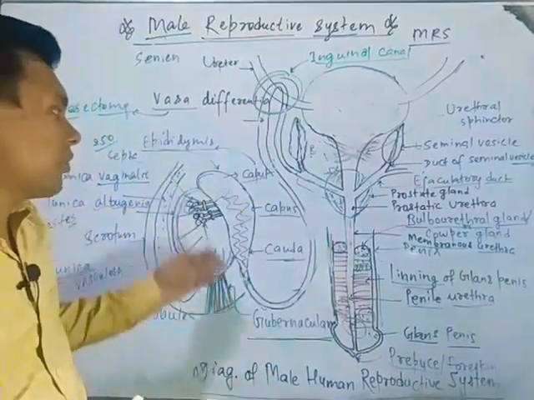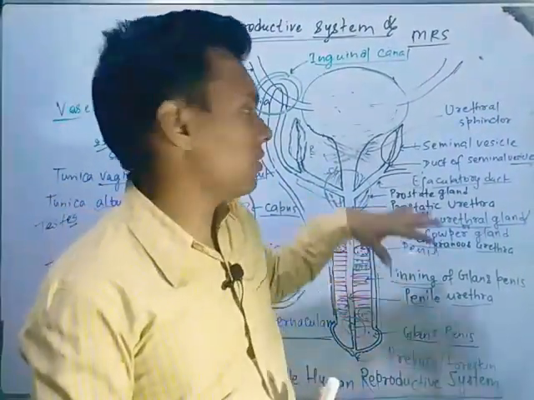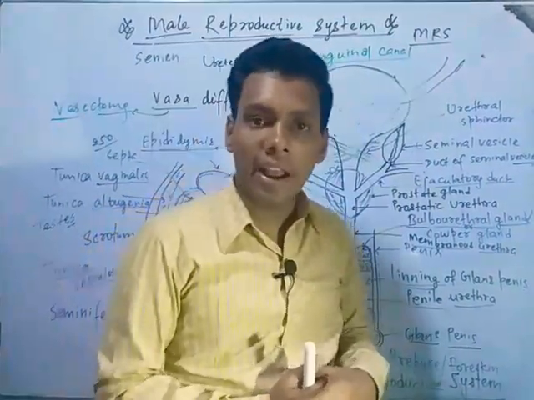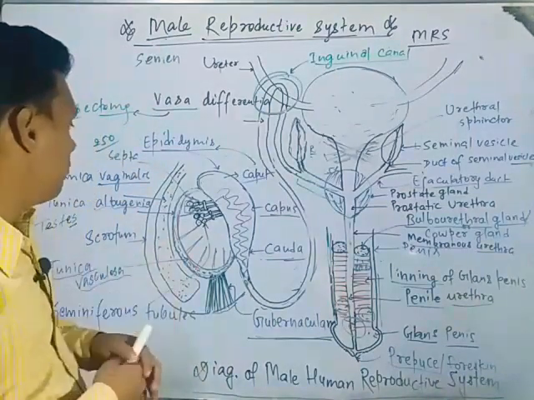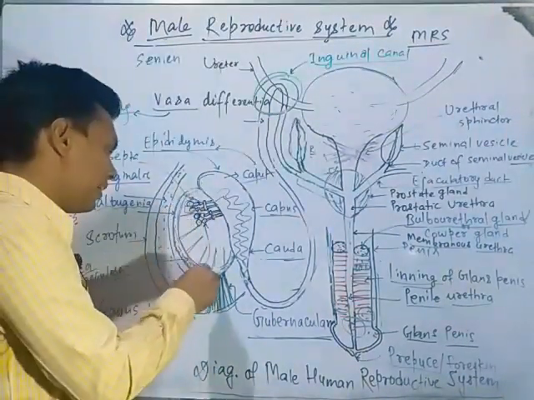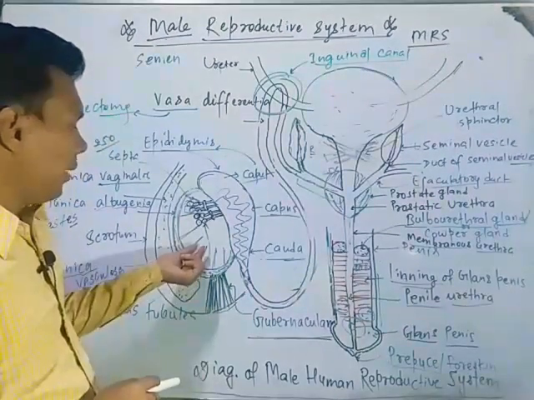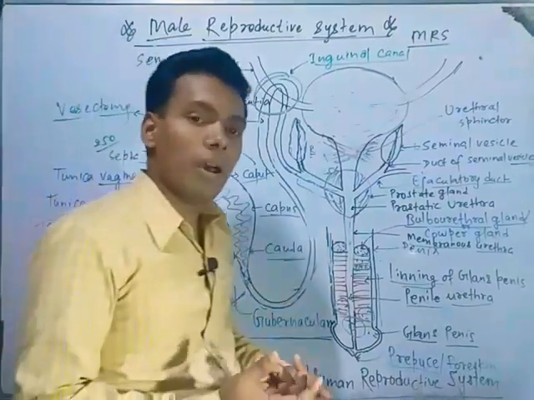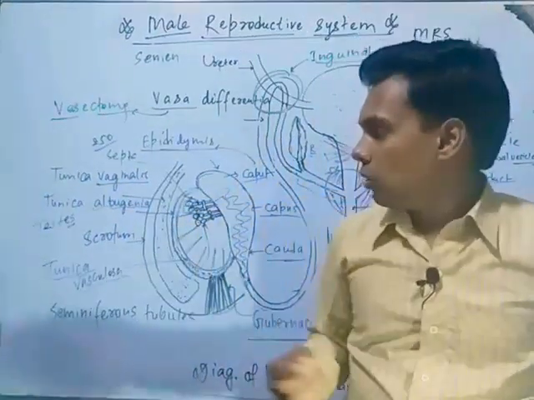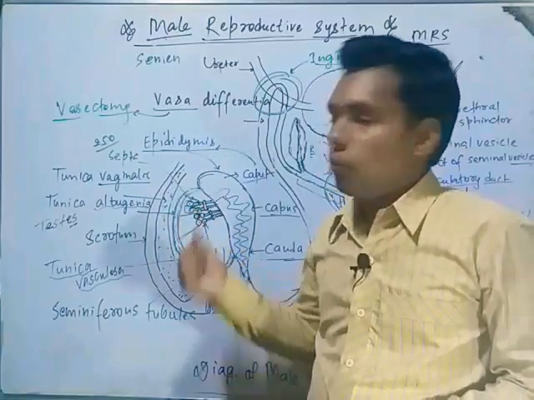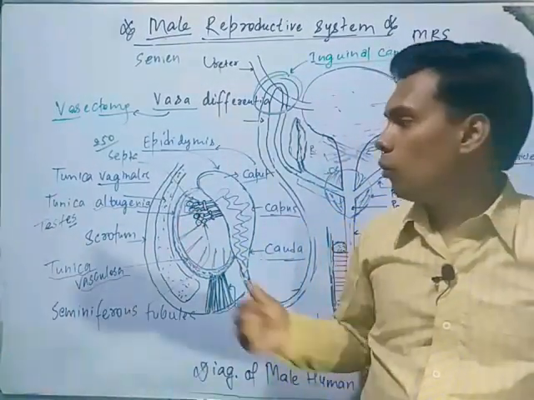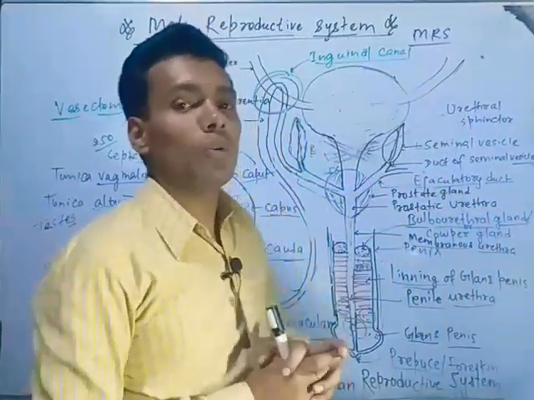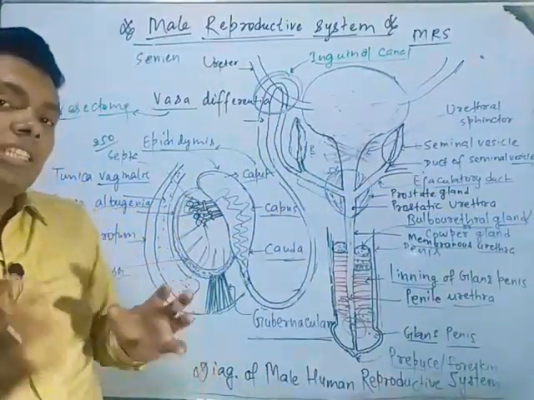The testis first descends into the scrotum through a canal called the inguinal canal. The testis is divided into about 250 septa or compartments. Each compartment contains testicular lobules, and each testicular lobule has 2 to 3 seminiferous tubules.